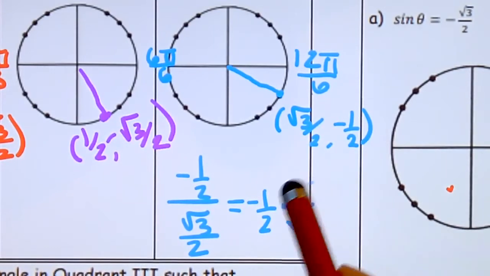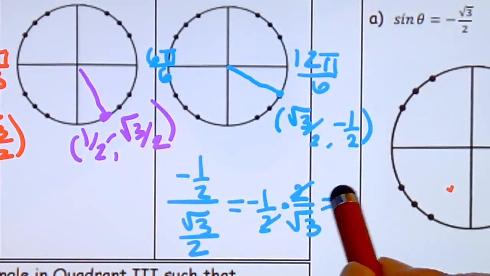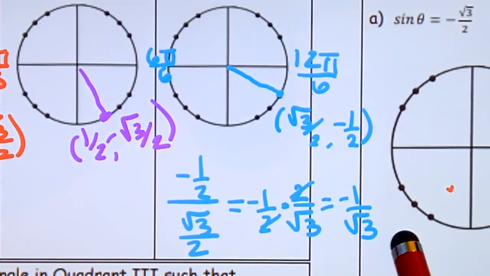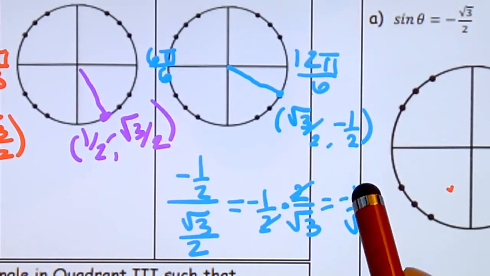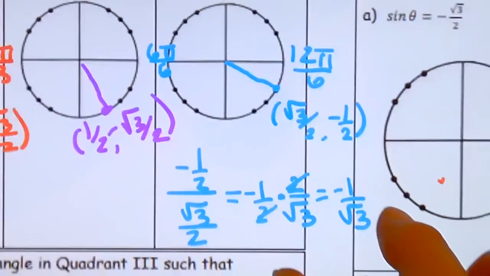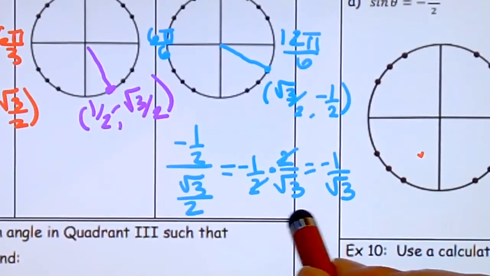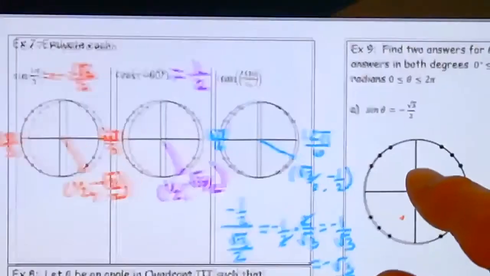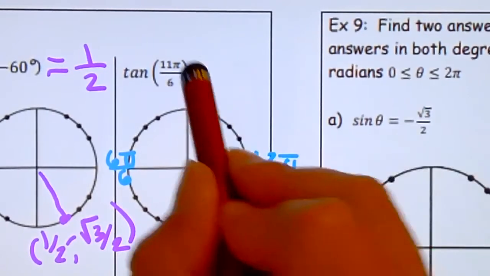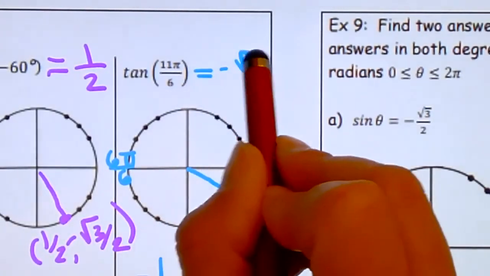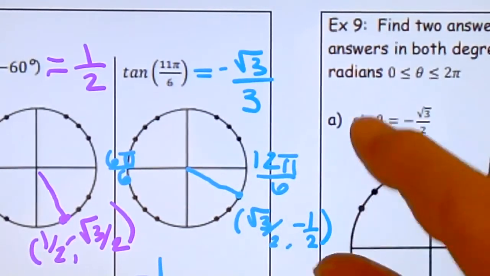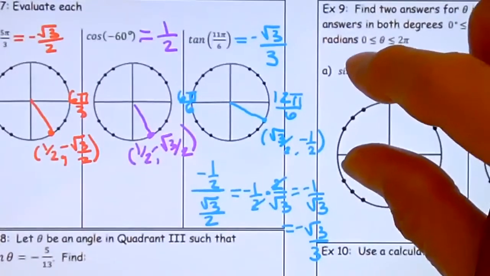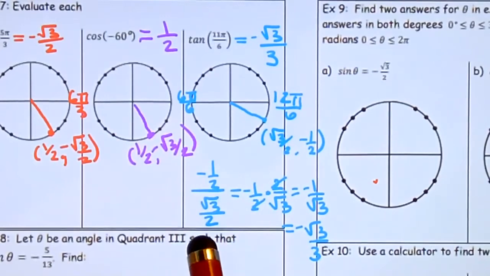And so what happens is my 2's cancel out, and I end up with -1 over √3, and then we're going to rationalize that. So I'm going to multiply top and bottom by √3, and so when I do that, I end up with -√3 over 3. And that's going to be my answer. That's going to be my tangent, okay? So let me just put it up here real quick. So this is going to be -√3 over 3. Okay, and again, you need to rationalize, and you need to make sure you don't give me fractions and fractions.